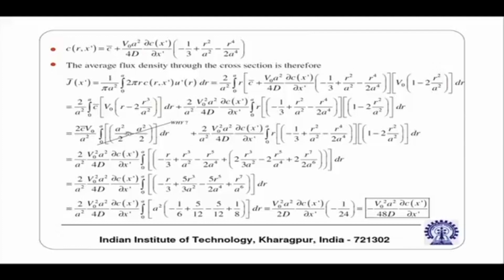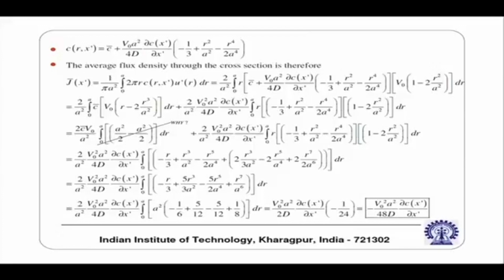In the integration this term becomes 0, and I have raised a question why this term is 0. The term with the average species concentration, the C average, it will mathematically come out to be 0. Think about it, why should it physically come out to be 0.